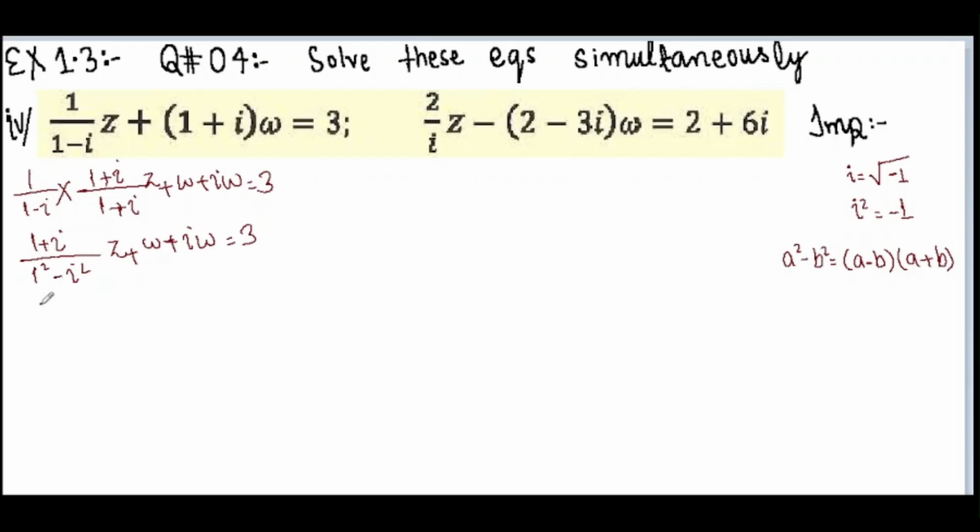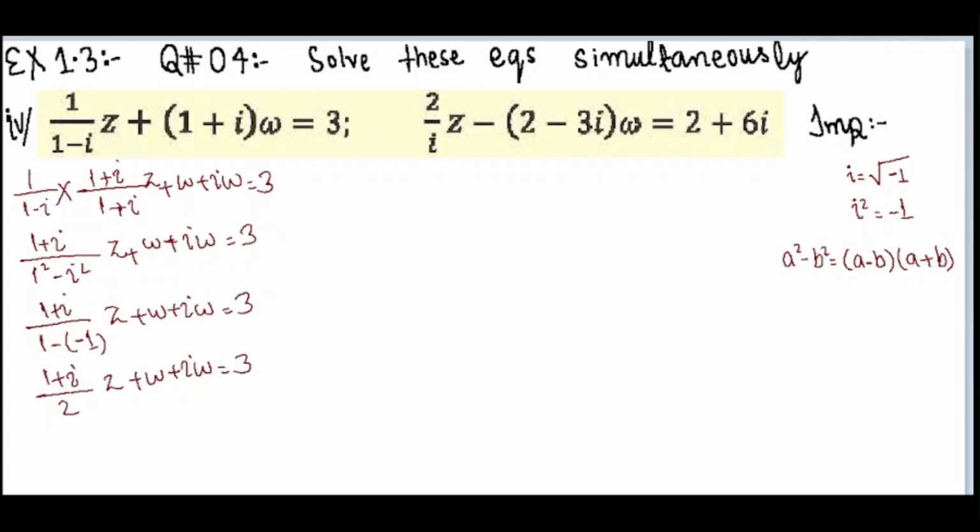So we get (1 plus iota) divided by 1 squared, which is 1, minus iota squared, which is minus 1, into z plus w plus iota w equals 3. So now (1 plus iota) divided by 1 plus 1 is 2, z plus w plus iota w equals 3.